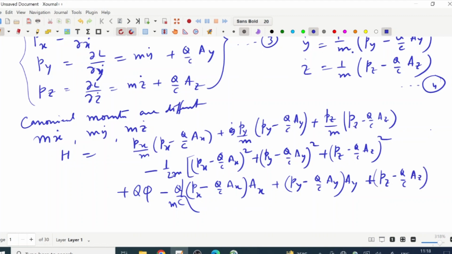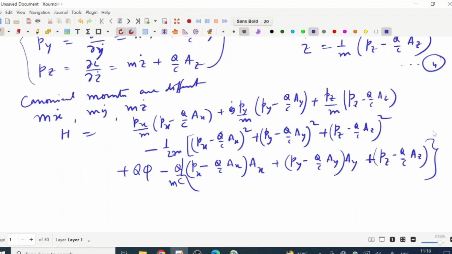Okay. So now all the terms of velocity have been eliminated from this Hamiltonian. What we did is substitute equation 4 in equation 2 to eliminate the velocities.